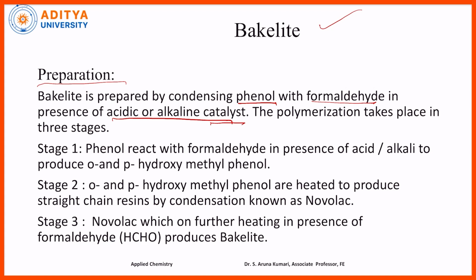The polymerization takes place in 3 stages. So, we see that bakelite is prepared in 3 stages. In stage 1, phenol reacts with formaldehyde in the presence of acid or alkali to produce ortho-hydroxymethylphenol and para-hydroxymethylphenol.